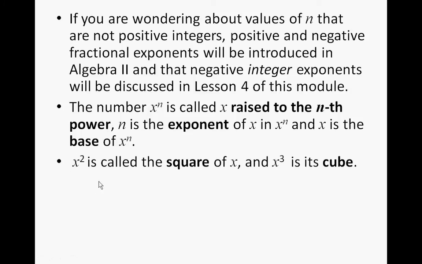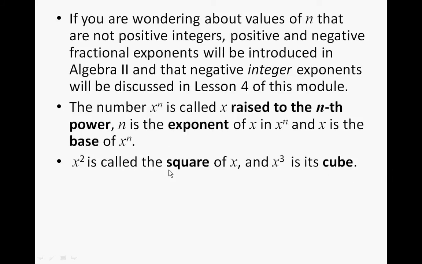So we have common exponents like squared. X to the second power is called the square of x, so you don't have to say x to the second power or raised to the second power. And another common one is x to the third power is called a cube. So you can say it could be 5 cubed or 5 squared, 10 cubed, so on and so forth.